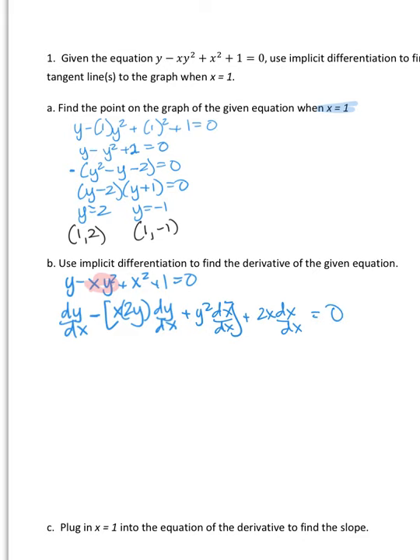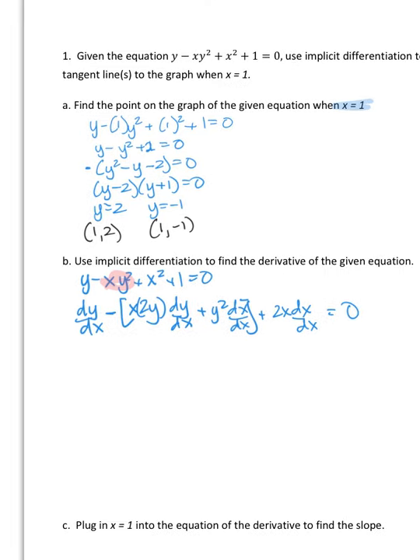We're just left with this. And if you recall, the dx/dx goes to 1. So just to clean this up a little bit, we have dy/dx, subtract the 2xy dy/dx, and subtract the y squared, and we have the plus 2x is equal to 0.